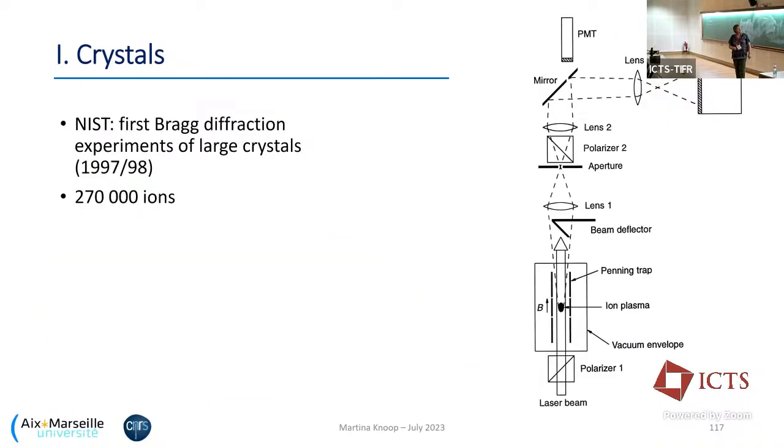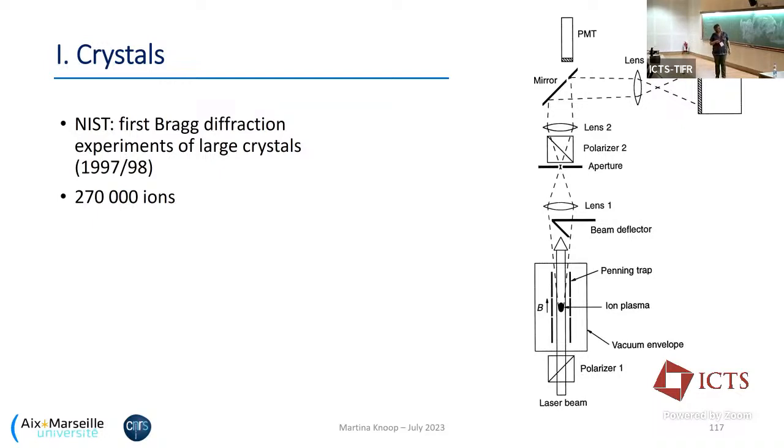Okay. So now, if we look at what the Bollinger group has made. They have been the first to look at these structures, in particular to see if we are crystallizing, how do we crystallize? What is the crystal structure that we can measure? Normally, if you come from crystallography, then you know that you do that with Bragg diffraction, and that's what they did in their Penning trap.